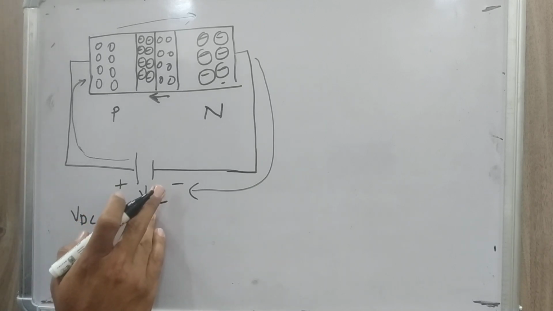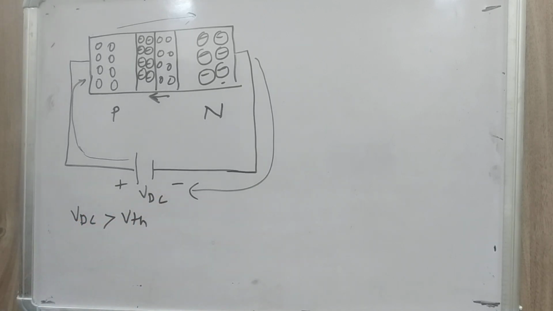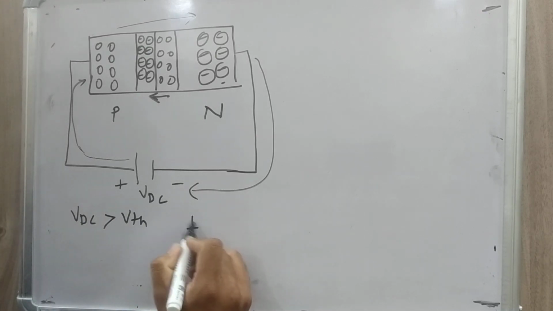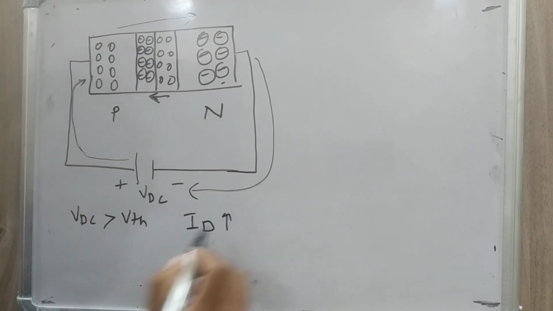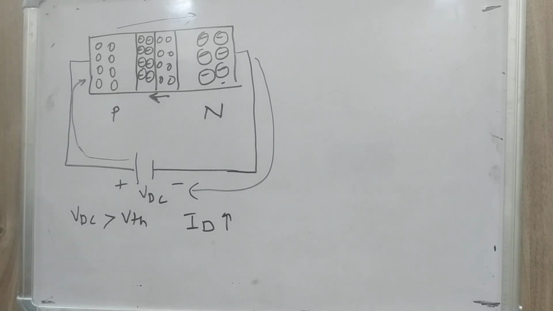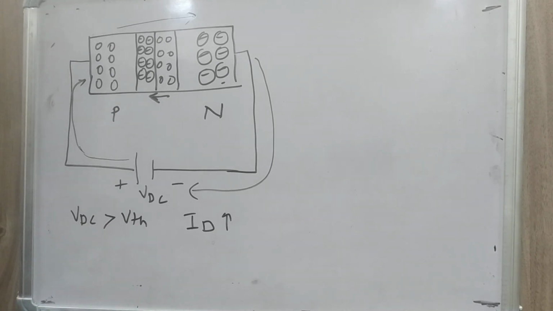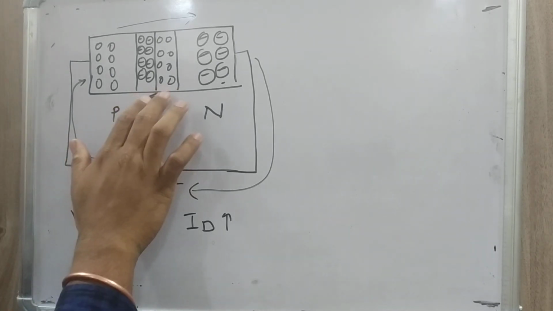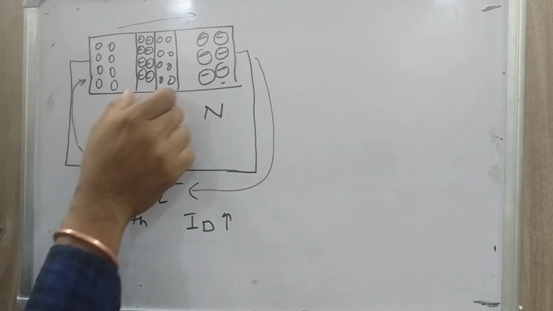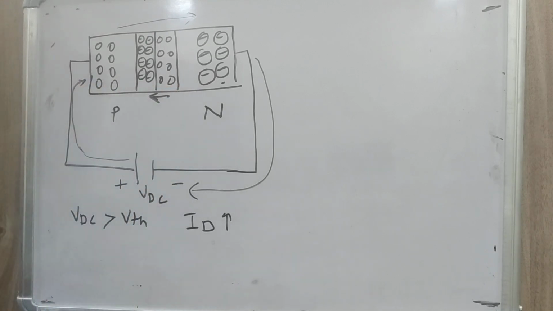Now when we apply a certain voltage VDC which is greater than the threshold voltage, which is the knee point or turn on voltage of the diode, approximately 0.7 V for silicon and 0.3 V for germanium diodes, the diode forward current starts to increase. When the applied external voltage is higher than the threshold voltage, the width of the depletion layer is reduced, right?